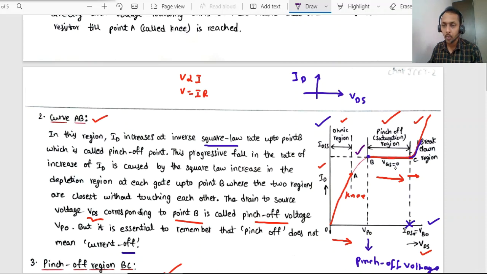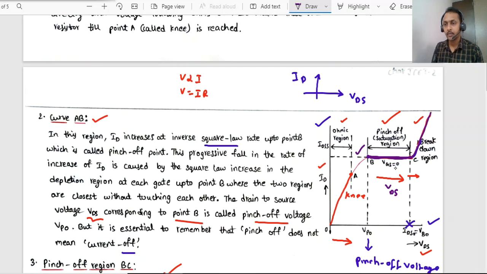After crossing the B point, in the pinch off region, the current is maintained constant even though VDS is increasing. It is behaving like a constant current source. Once you have crossed a certain VDS voltage, all of a sudden it leads to a breakdown, a sudden rise in the drain current.